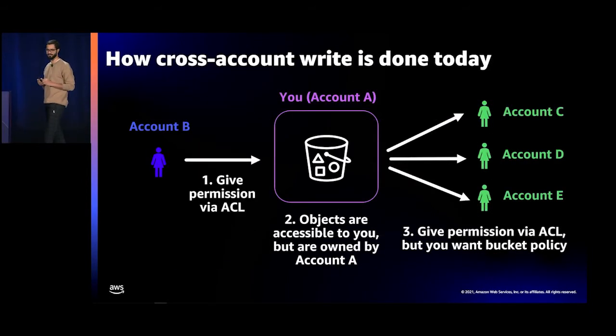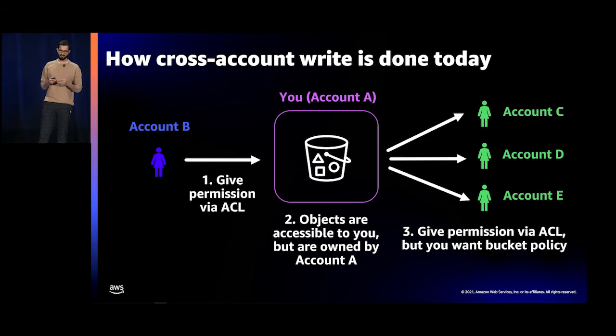To understand this feature better, let's first look at how cross-account write works today. As more and more customers are using Amazon S3 for building data lakes, they use cross-account write as a fundamental step. In this example, you have account A, and you have a bucket that serves as a core part of your data lake.